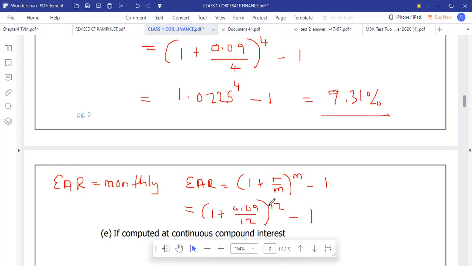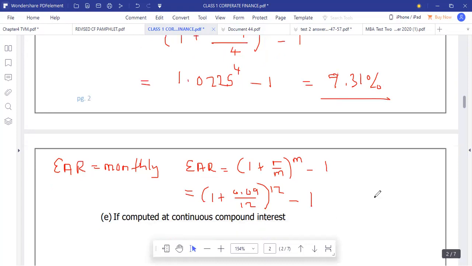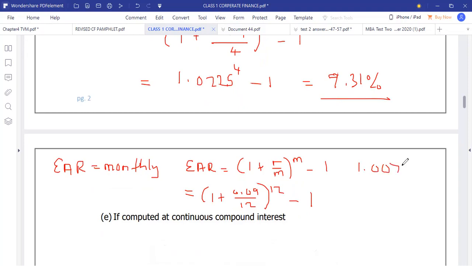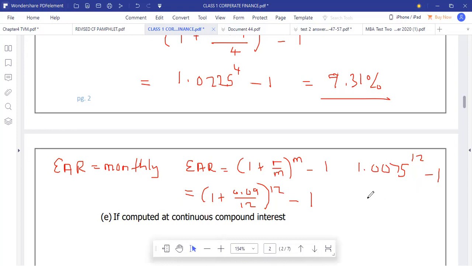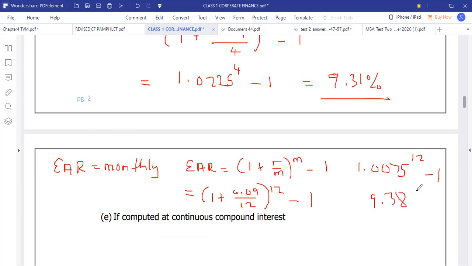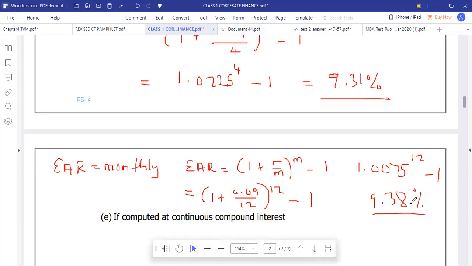So 0.09 divided by 12 is 0.0075. So meaning we're going to have 1.0075 to the power 12, then subtract 1 there. So the final answer will be 9.38%. So this is what we call the effective annual rate.